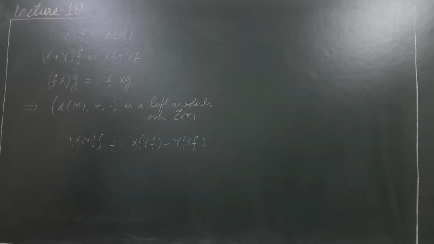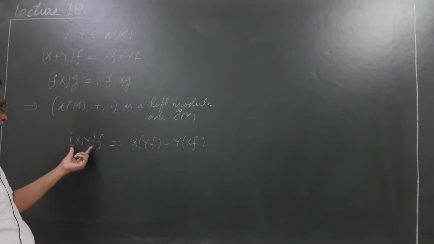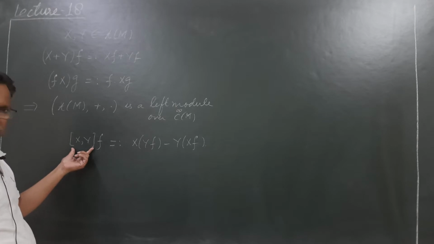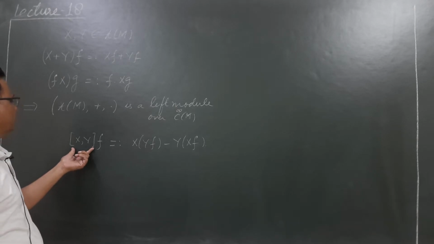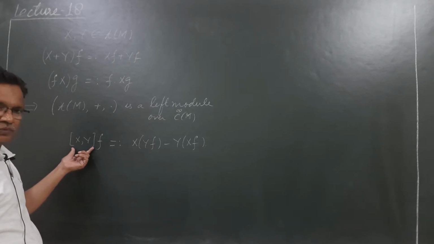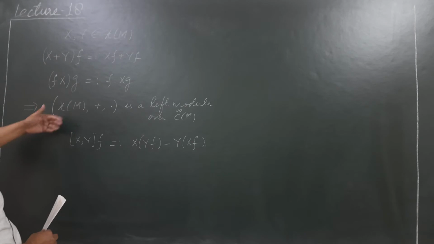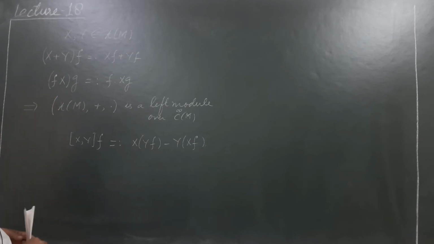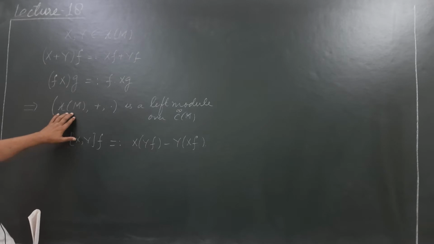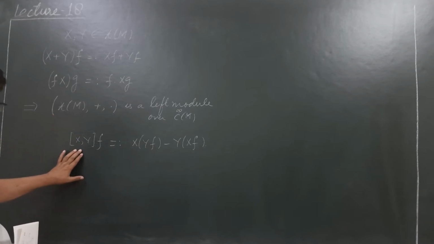So, the right hand side is a function, and moreover one can check that this definition is well defined. In fact, it satisfies the Leibniz property and the linear property. Perhaps I had checked it also, and these three operations are compatible. So, in fact, not only is χ(M) a module, under this product it becomes an algebra.